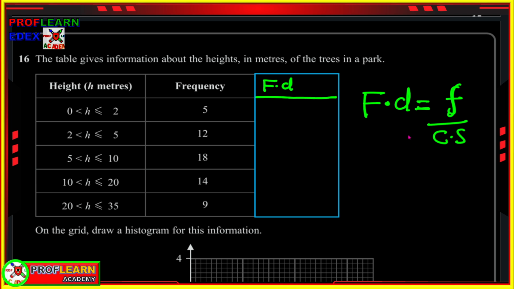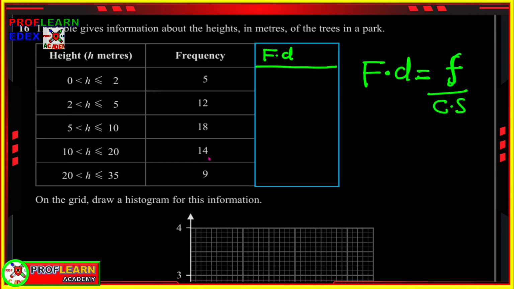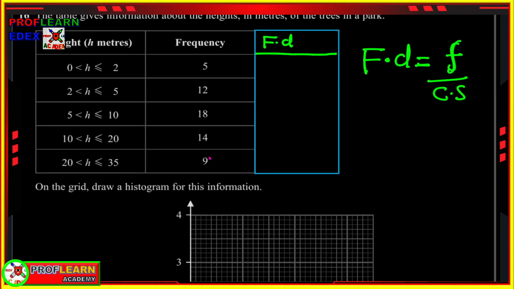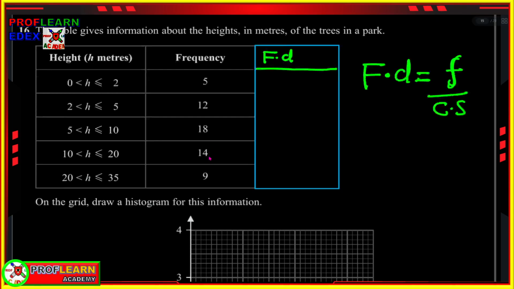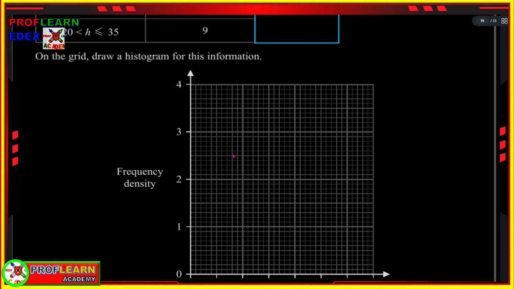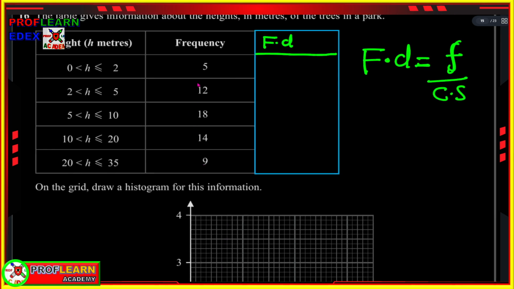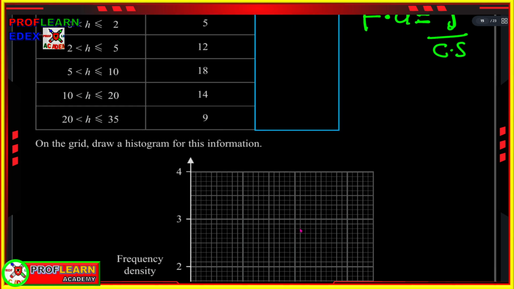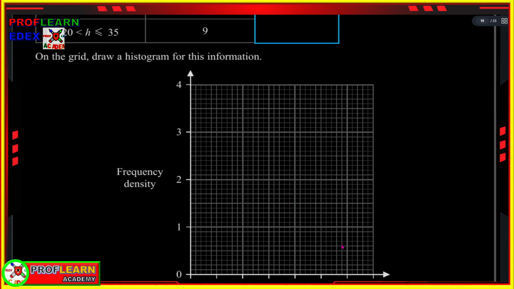The question that we did in the previous video is whereby you are given part of the histogram. You are supposed to fill in some missing part of the table, and also complete part of the histogram on the graph.